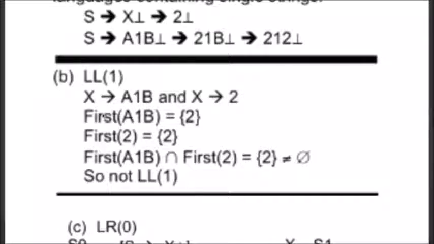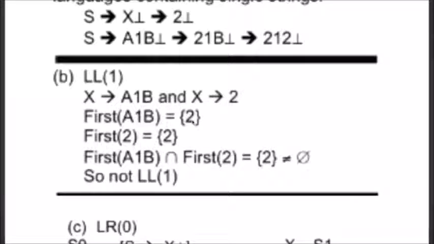Now, we check the grammar for LL1. First, we take two cases of X, as it gives us two productions, one of which gives A1B and the second gives 2. We take the first of both A1B and 2.